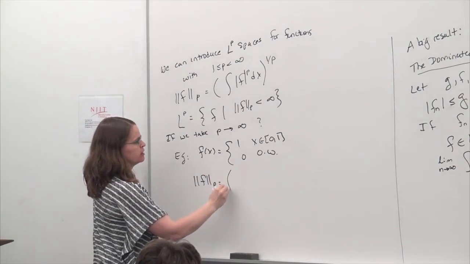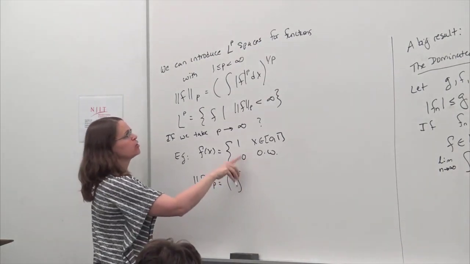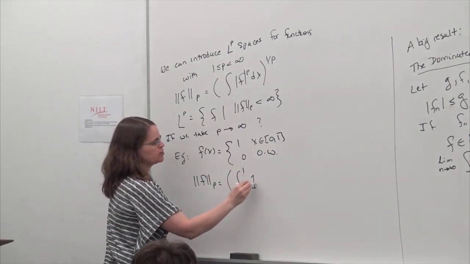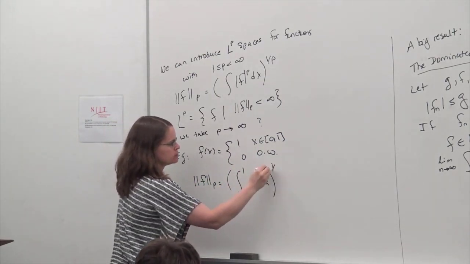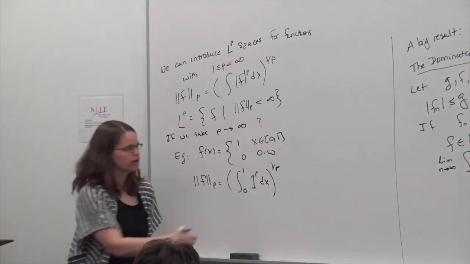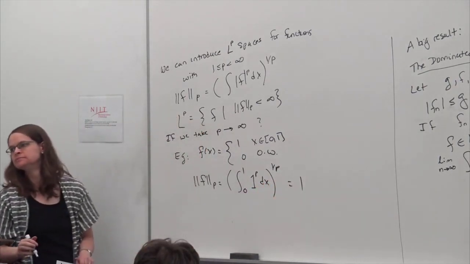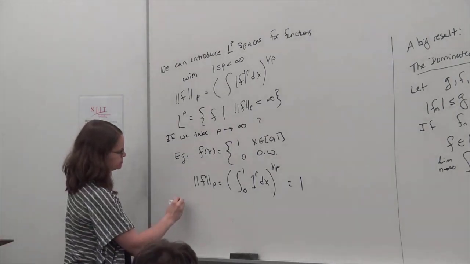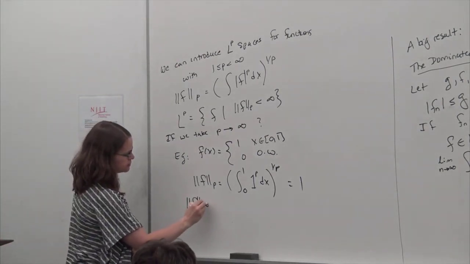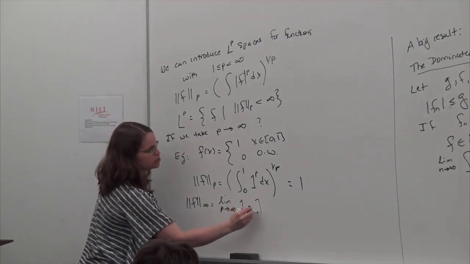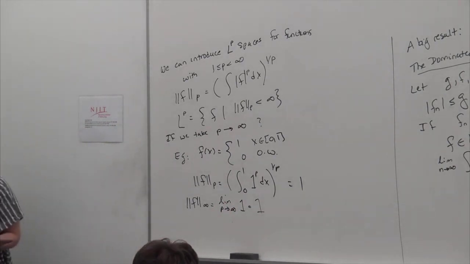I just take the integral, integrating this over all R, there's only contributions from 0 to 1, 1 to the pth power. And of course, all of these LP norms give us 1. And we take p to infinity. It's just going to be the limit as p goes to infinity of 1, which is still 1. And that is our maximal function value, our supremum. It's what we expect.